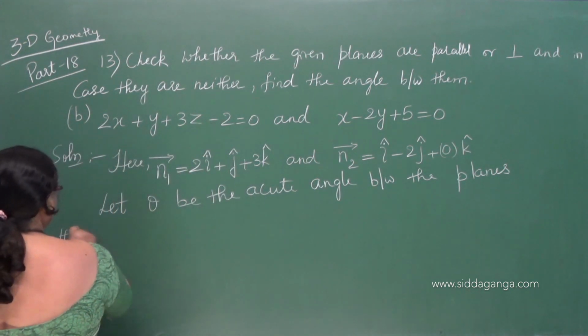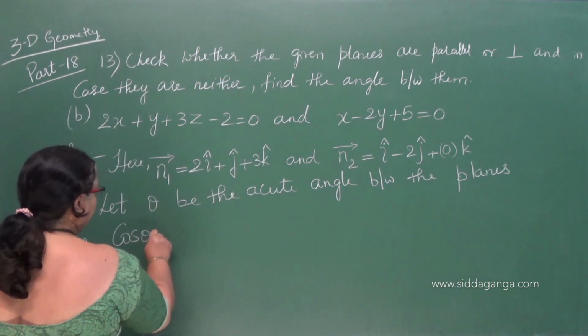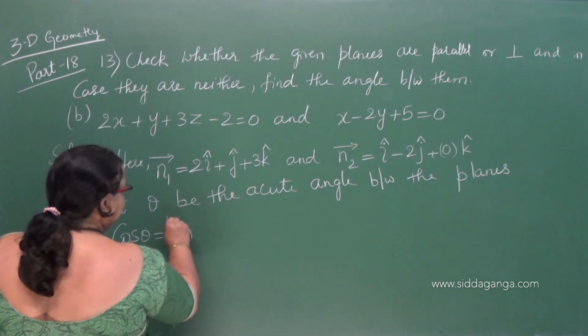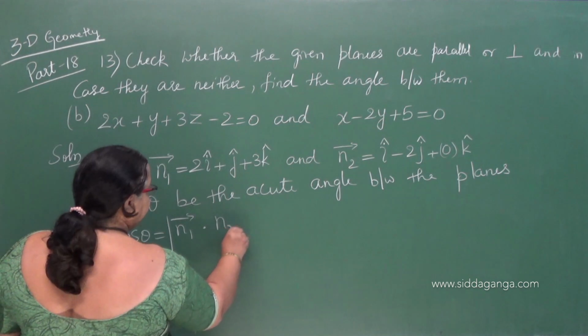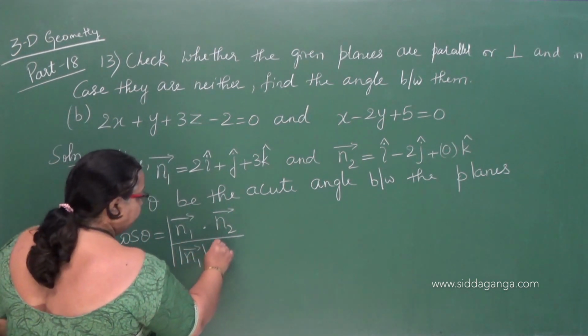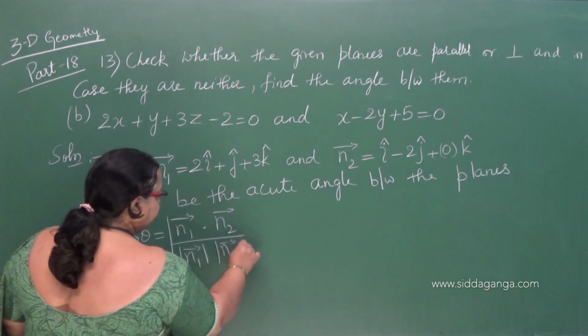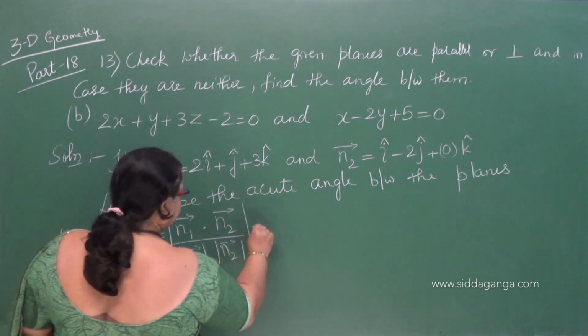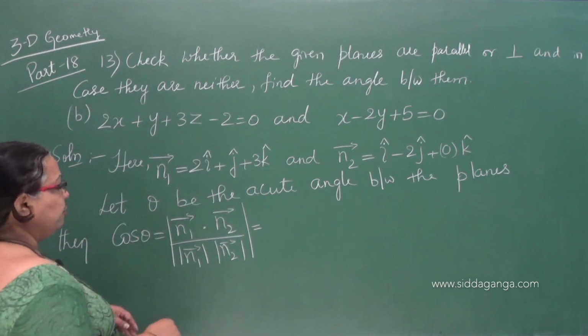Then the formula is given by cos theta equal to n1 vector dot n2 vector divided by magnitude of vector n1 into magnitude of vector n2.